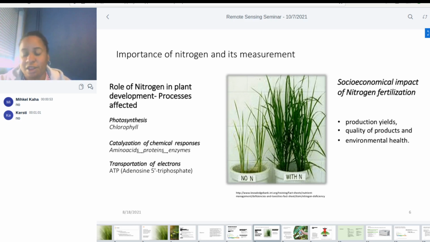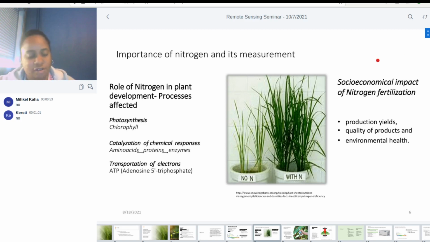This is very interesting due to the role that nitrogen plays in the plant's development, since it has a major effect in the photosynthesis process, as it is a major component of chlorophyll, in the catalyzation of chemical reactions, because it is also contained in the structures of the genes and in the electron transport process that occurs in the mitochondria, since ATP has a good amount of nitrogen in the molecule, and also the intermediate compounds are composed of nitrogen.